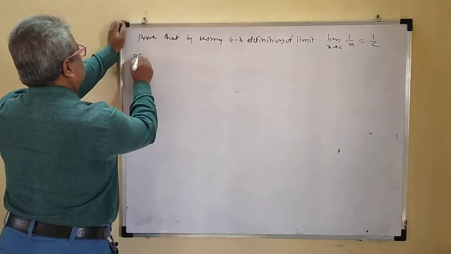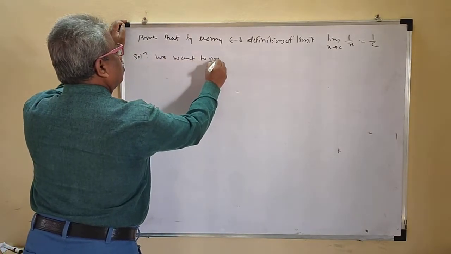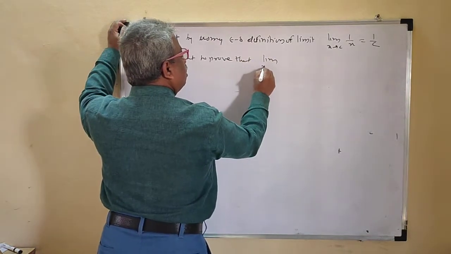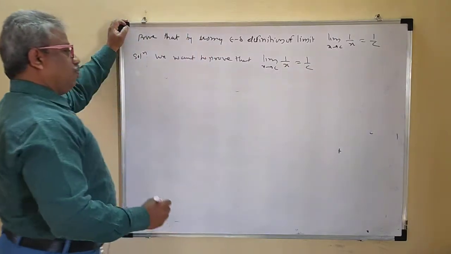Solution: we want to prove that limit x tends to c, 1 upon x is equal to 1 upon c.